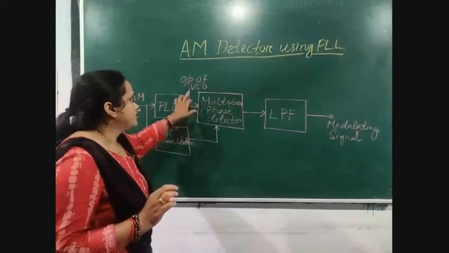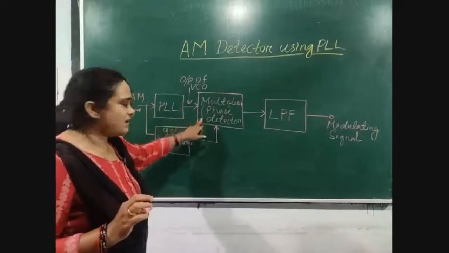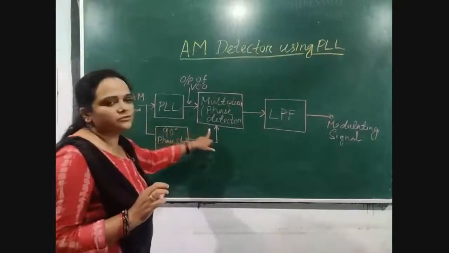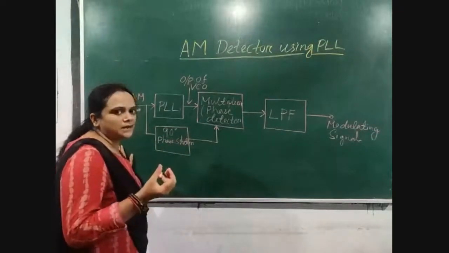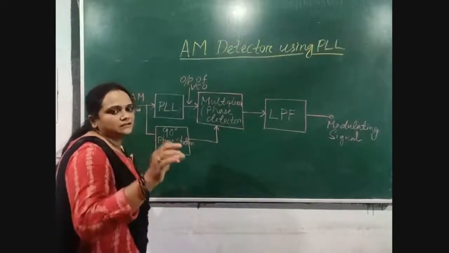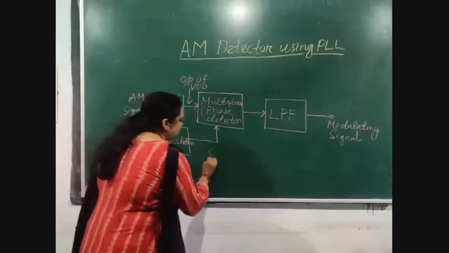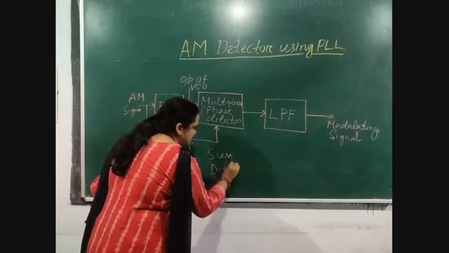So the VCO output is given at one input to the multiplier, and the 90 degree phase shifted AM signal is given to the other input. And what is the operation of the multiplier? Multiplier gives the sum frequency and difference frequency. Sum and difference.